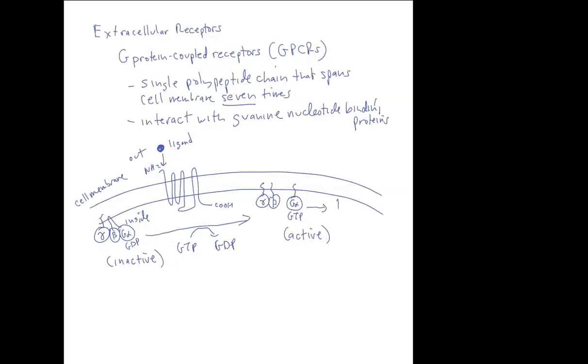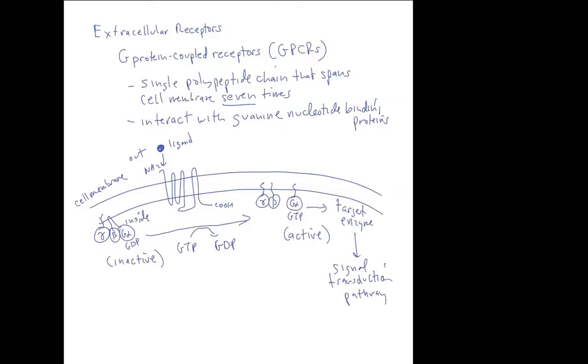And what's going to happen is that typically this is going to have an effect on a target enzyme that's going to result in what we call the signal transduction pathway, which we will discuss more specifically in additional videos. And so that is the way that you activate these G protein coupled receptors.